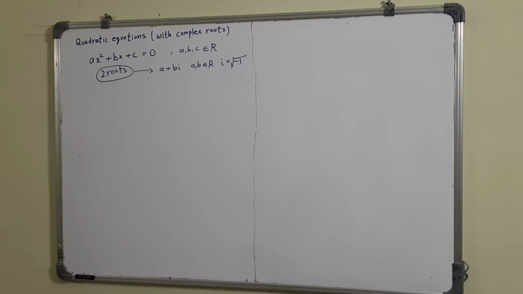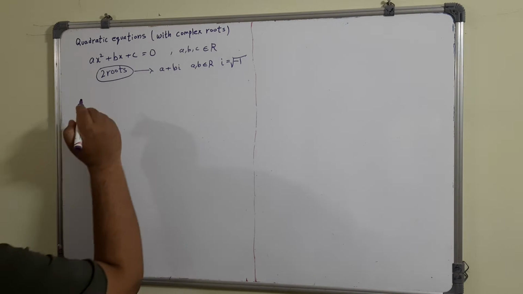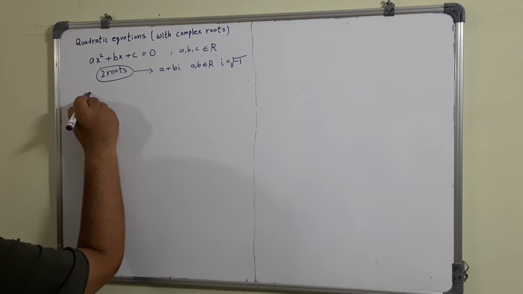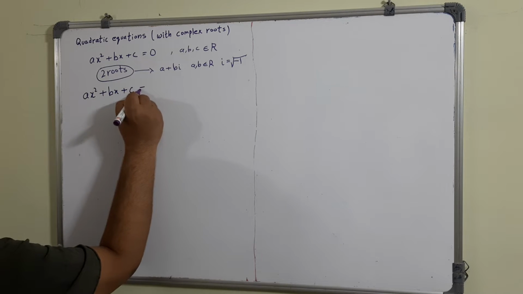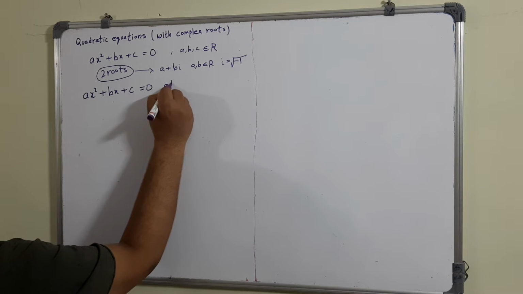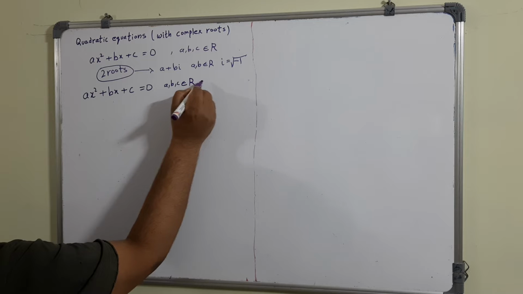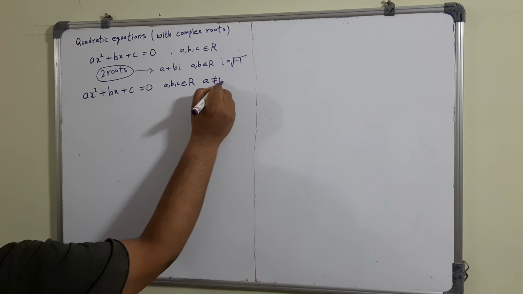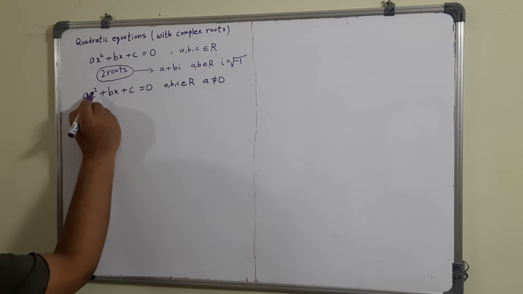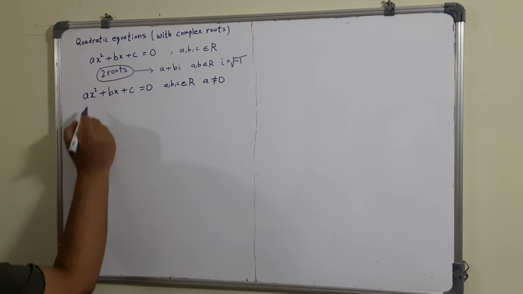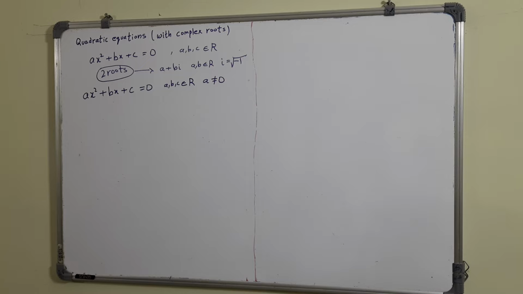So let's see what we have here. Now we are going to find the roots of this equation, ax squared plus bx plus c equals 0, where a, b, c are real numbers, and a must not be equal to 0, otherwise the degree 2 will not count.